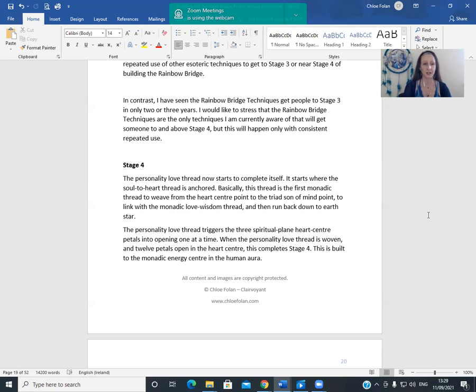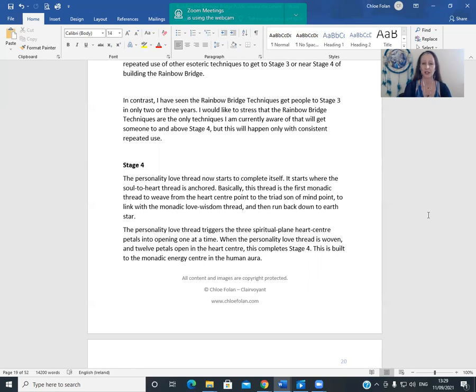It's a fascinating petal to open. With stage 4, the causation of the love thread, the second portion of the life thread weaving and thickening, is that it starts to gently and metaphorically shave off anything that's unuseful.